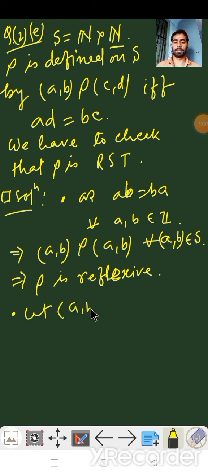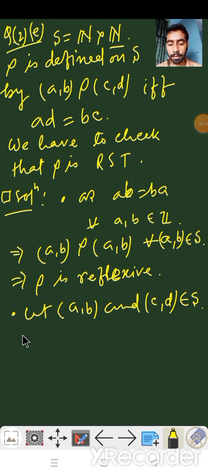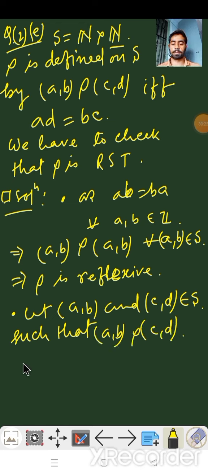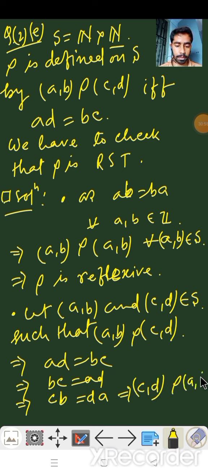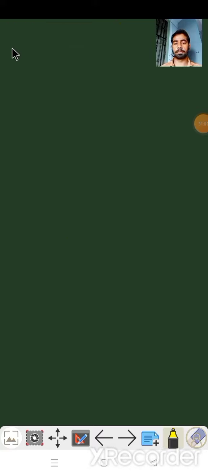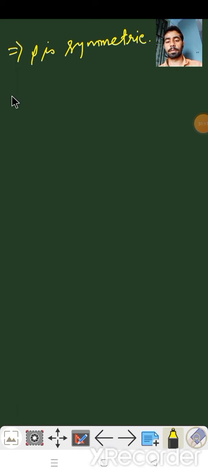Let two ordered pairs AB and CD belong to S, such that the ordered pair AB is related to the ordered pair CD, which implies that AD equals BC, which implies that BC equals AD, which implies that CB equals DA, as Z is commutative with respect to multiplication, and which implies that the ordered pair CD is related to the ordered pair AB. Therefore rho is symmetric.